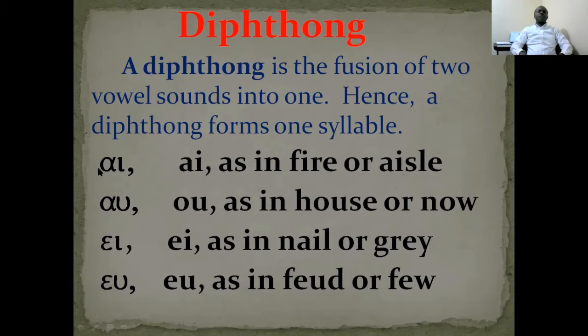That is why we have I as in fire or eye, O as in house or noun, A as in gray, ew as in few.